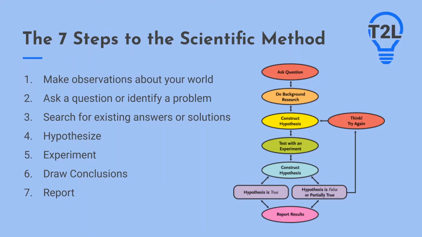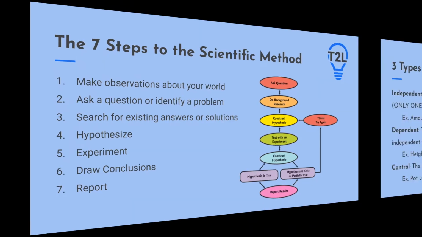Then you hypothesize based on something new or existing answers. You experiment on your hypothesis, test the variables you hypothesized about, you draw conclusions, and then finally you just report what you got.